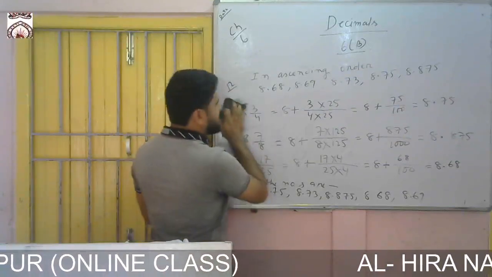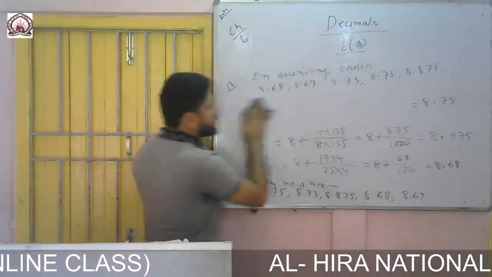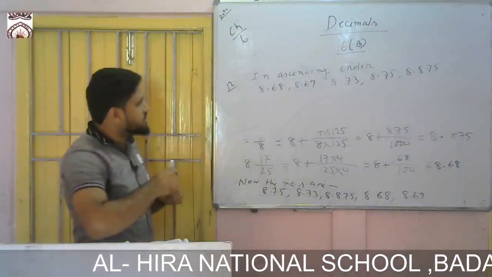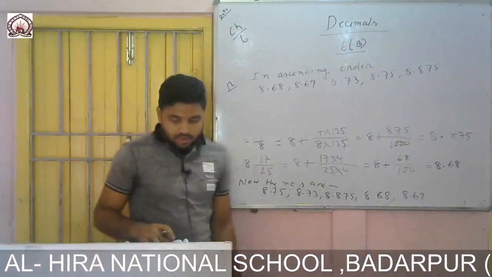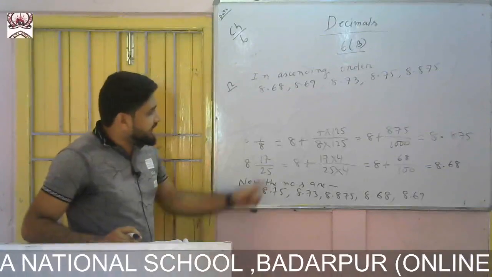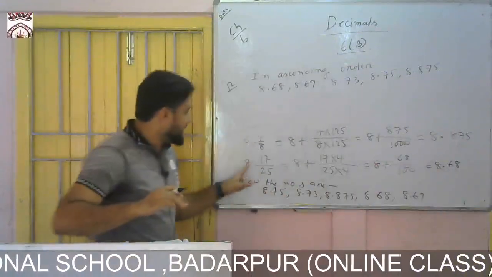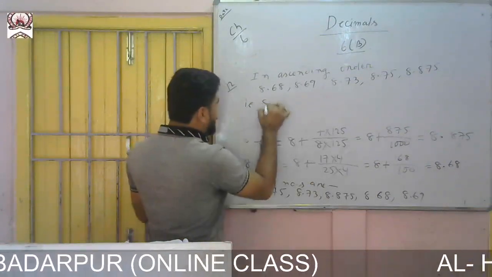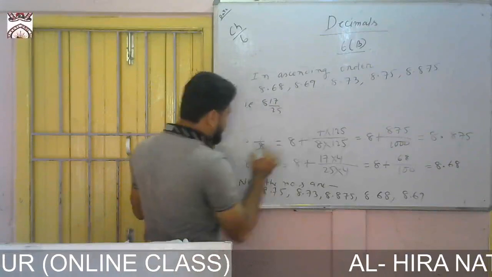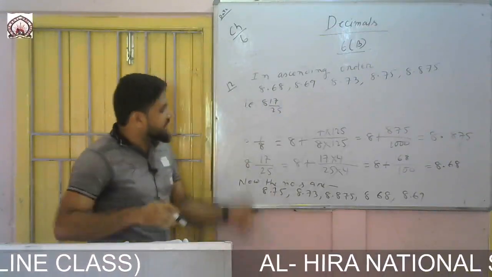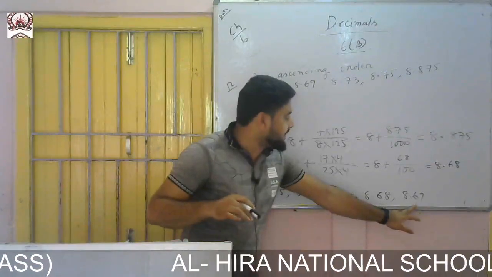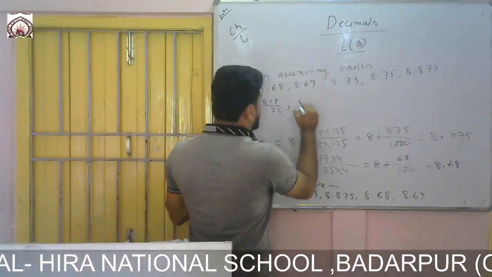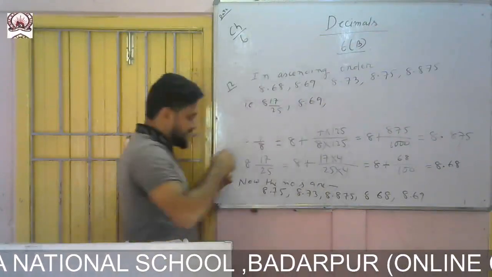So 8.68 is 8 17 by 25. Now 8.69, that is there in the book, so write it as usual.